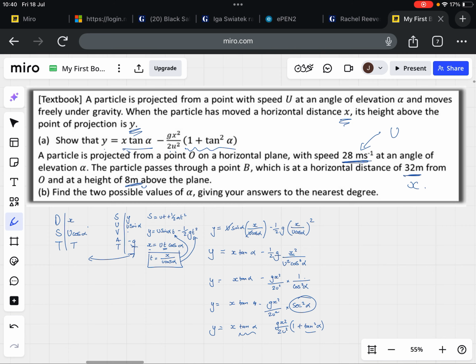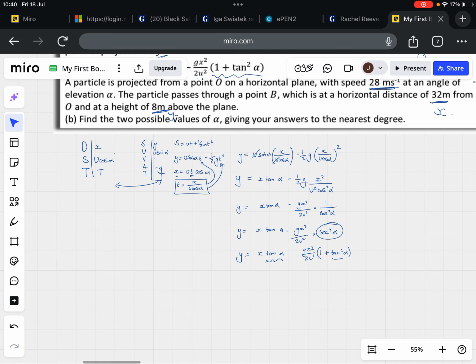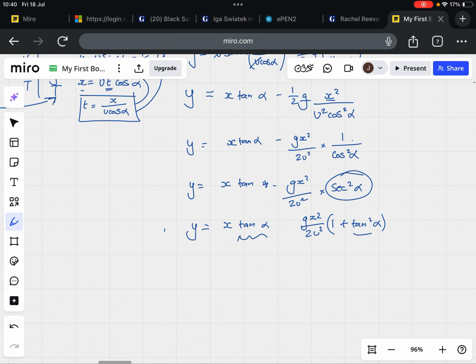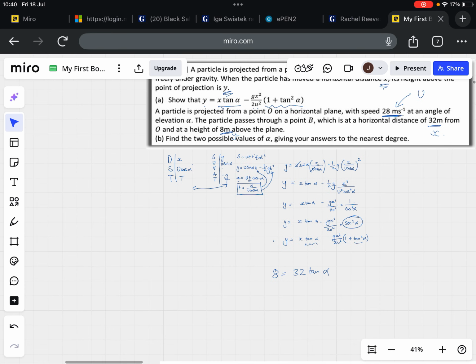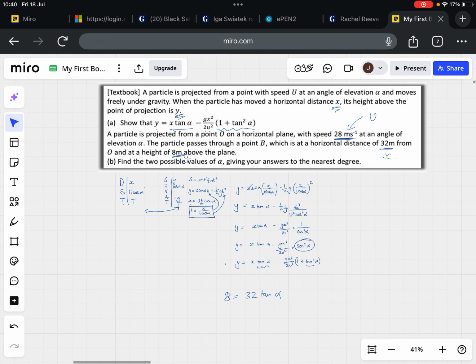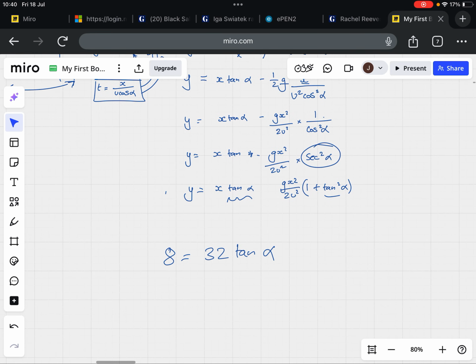You've got a y value. So all you would do for this one is sub it into the formula that we've just done. So if you sub it into this formula here, you should get 8 equals, because it's above, 32 tan alpha. So let's just check that follows so far. Yeah, I'm literally just subbing in the values, aren't I?